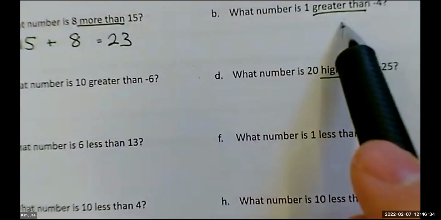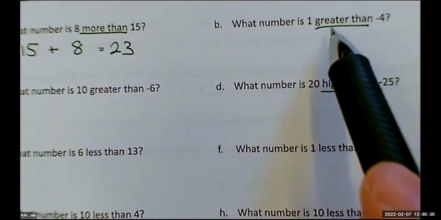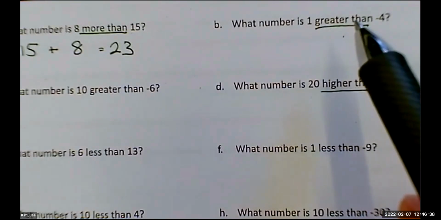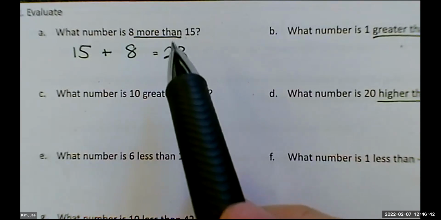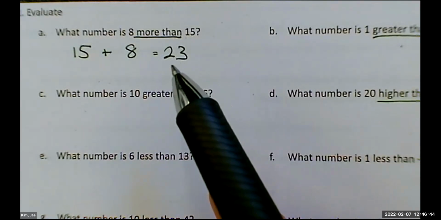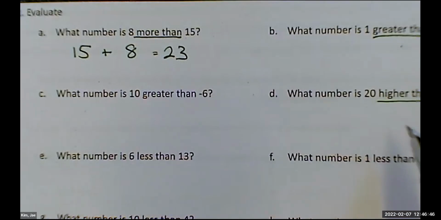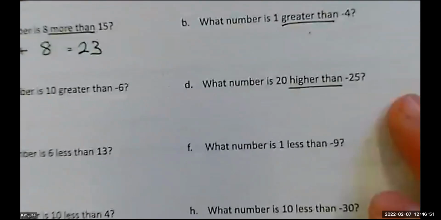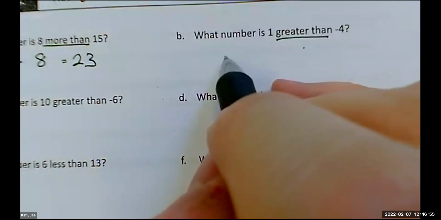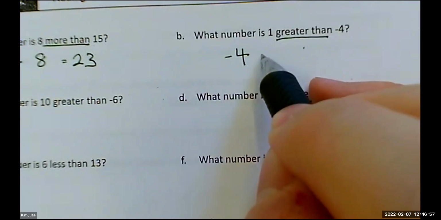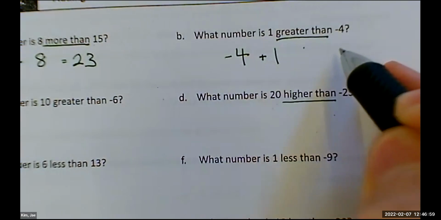If I'm talking about money, it makes sense to say it's greater than as opposed to higher than, right? If I'm talking about things like temperature, it makes sense to describe it as more than or less than or higher than, depending on the context, but the meaning is still the same. If I say greater than a -4, that means I'm starting with a -4 and I'm adding a 1 to it.